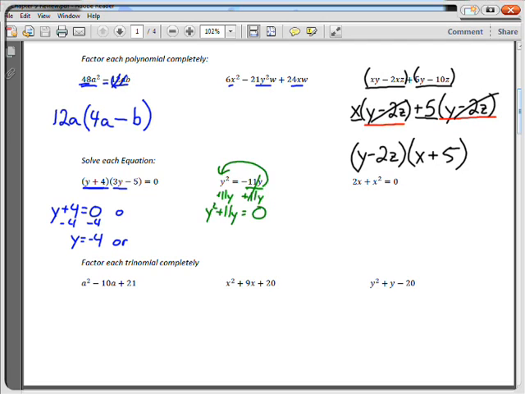So I factor out my greatest common factor, which in this case is going to be y. So if I take a y out of both of them, I'm going to have y times y plus 11 equals 0. And then just like on this problem over here, I know that either y has to be 0 or y plus 11 has to be 0. And so you should get for an answer there 0 and negative 11.